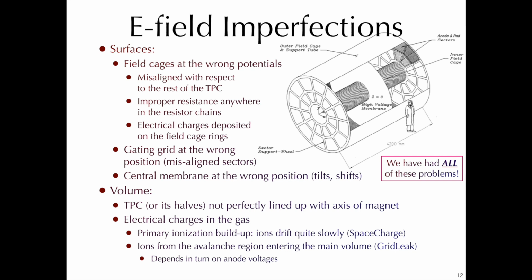So if you look, for example, at this picture in the top right of this page, you can see this 12-sided cylinder almost that is between the inner and outer sectors. And if you tried to connect that cylinder going across from the end cap to the central membrane, that's where this sheet of charge is flowing across through the volume of the TPC. And it turned out that this was significantly more charged than was expected.